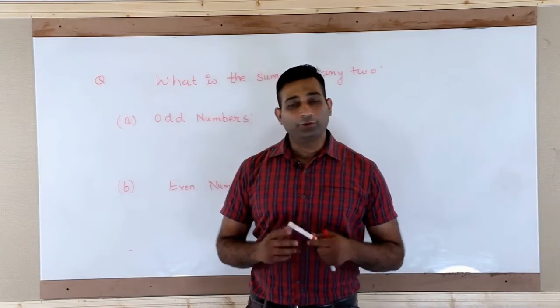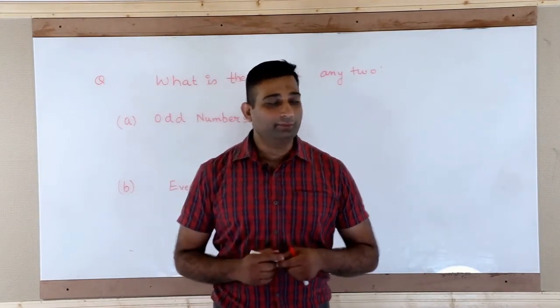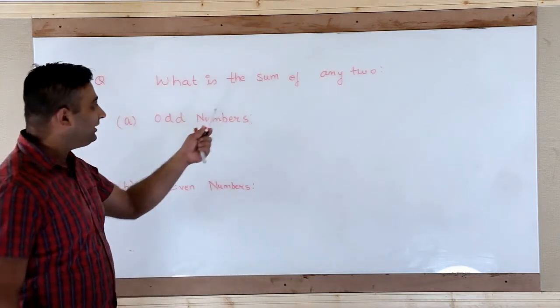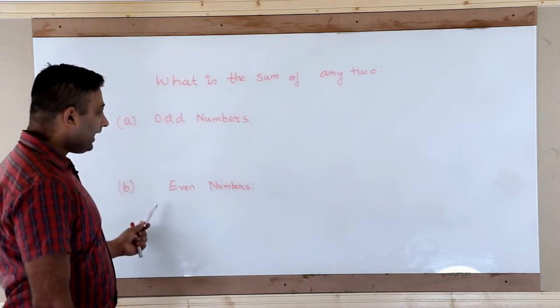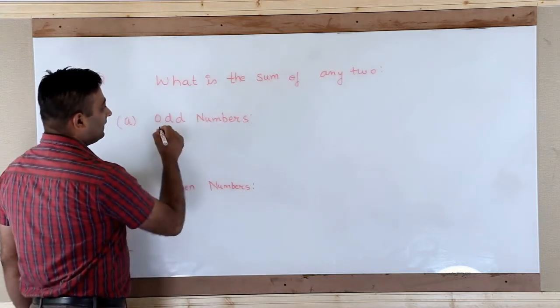Dear students, now let us do some problems to understand the concepts thoroughly. I hope you must have understood till now what are even numbers and odd numbers. Now let us discuss what is the sum of any two odd numbers or any two even numbers. Let us take some examples.